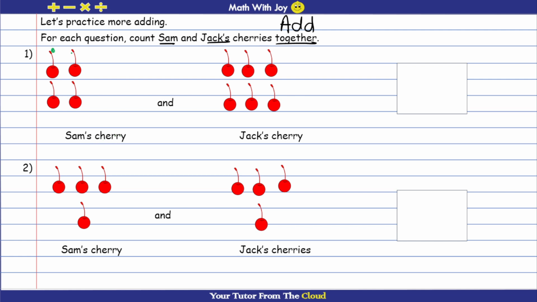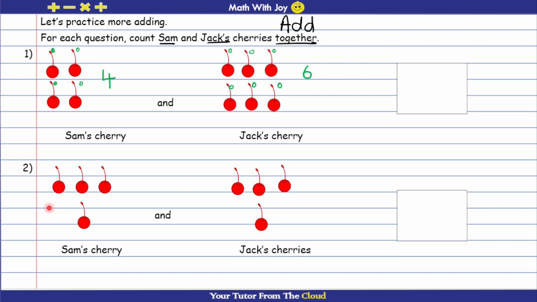Sam has 1, 2, 3, 4 cherries. So let's put down 4. While Jack has 1, 2, 3, 4, 5, 6 cherries. So let's write down the number 6 for Jack. Now let's count them all together, because basically we want to know if I take a 4 and I add it with a 6, what number will it give me?